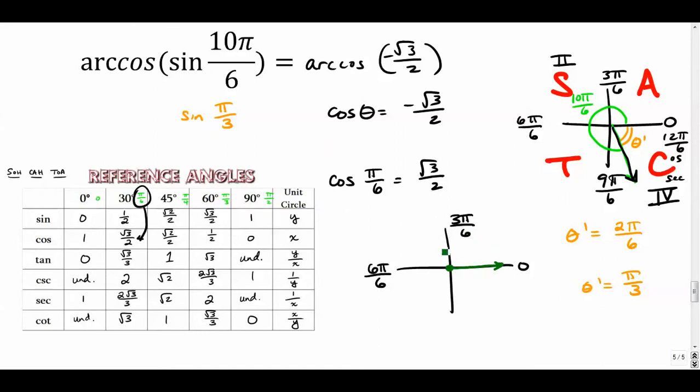The reference angle would have to be pi over 6, which means my angle would have to be 5 pi over 6. In other words, the cosine of 5 pi over 6 is radical 3 over 2 with a negative out in front of it. So the answer to this question is 5 pi over 6 radians. And I'm done.